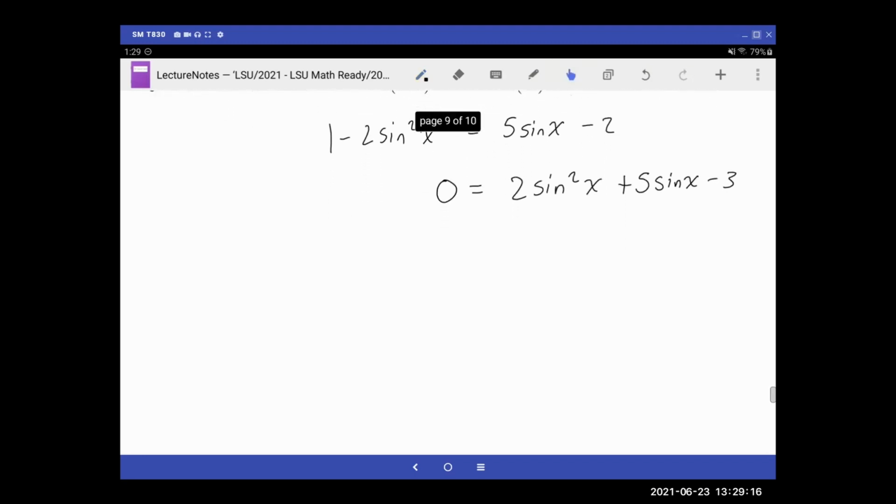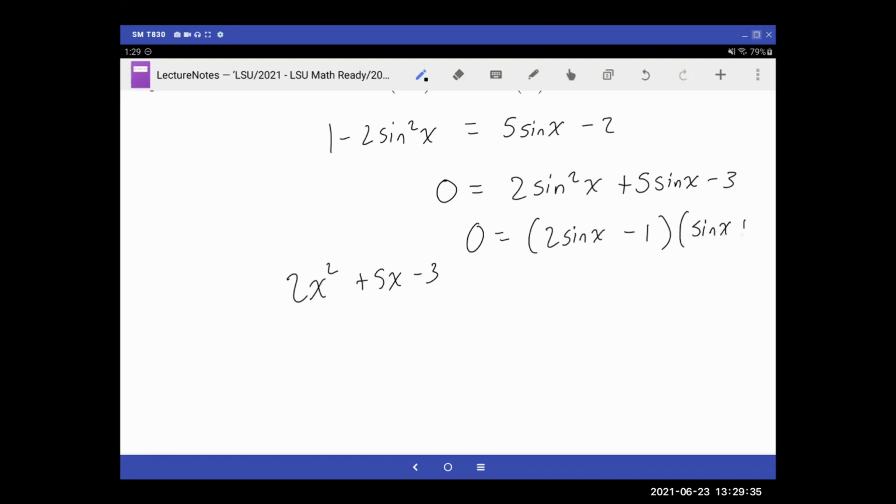I'm trying to hurry here, so I'm going to go ahead and quickly factor it. Remember, you could think about this as 2x squared plus 5x minus 3, in which case you would get 2 sine x, I think it's -1 right here, and then sine x plus 3. That's my guess, at least.